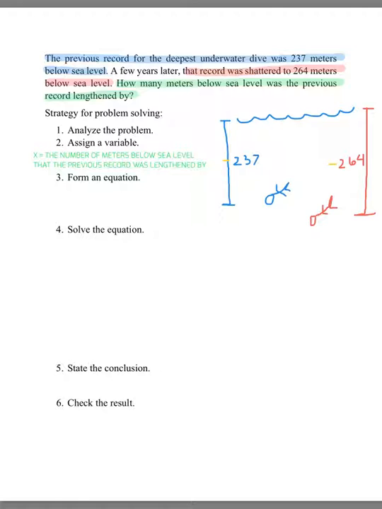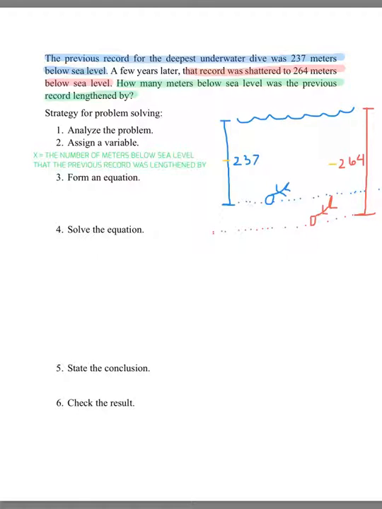And now what we want to know is how many meters below sea level was the previous record lengthened by? So ideally, what we have is here's the blue record, which is negative 237 meters. And now here's the new record, which is negative 264 meters below sea level.